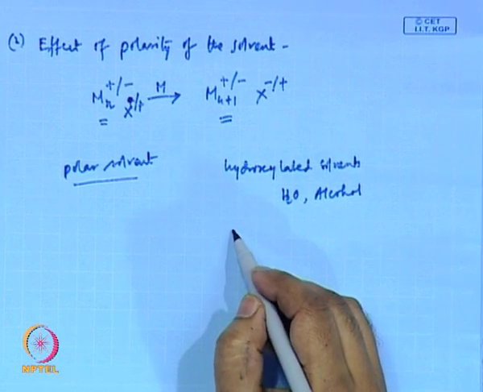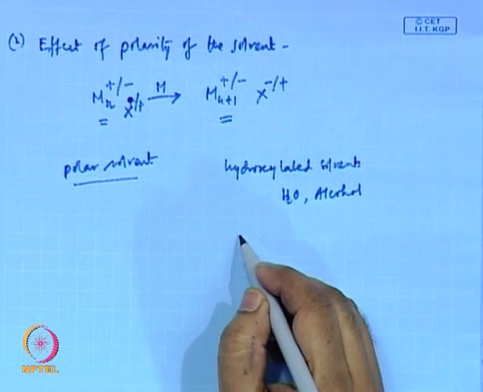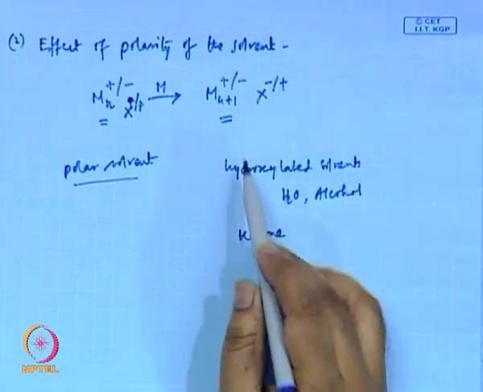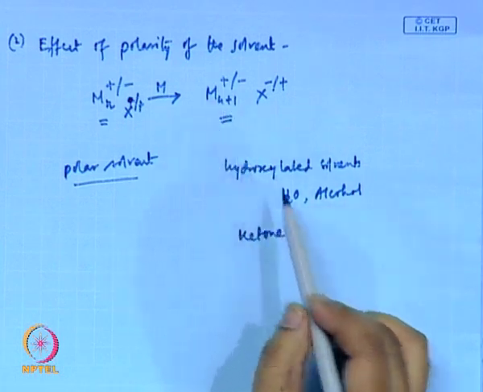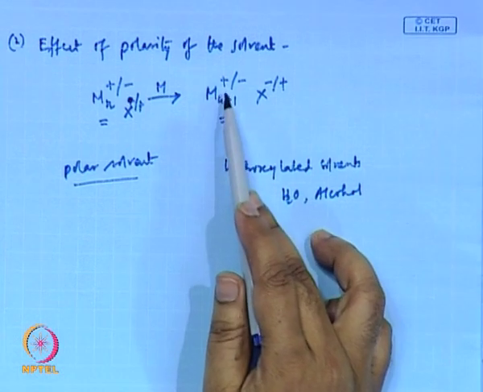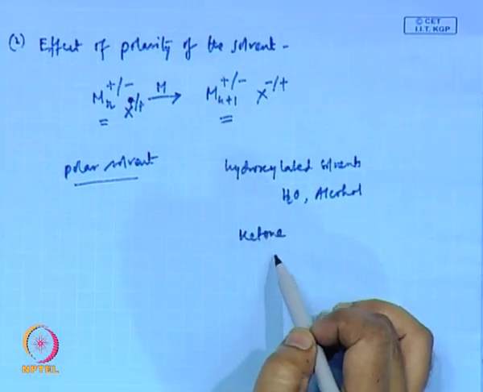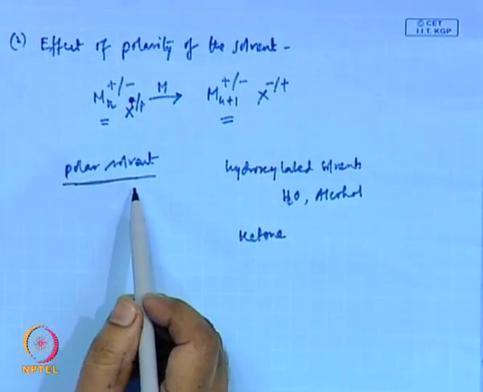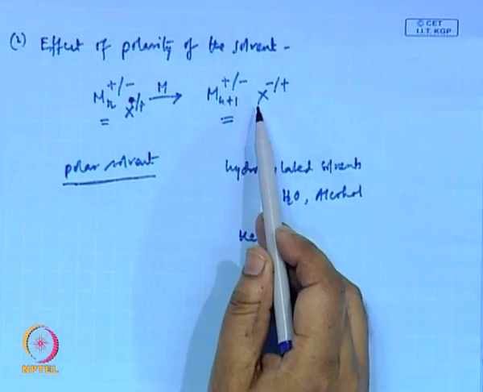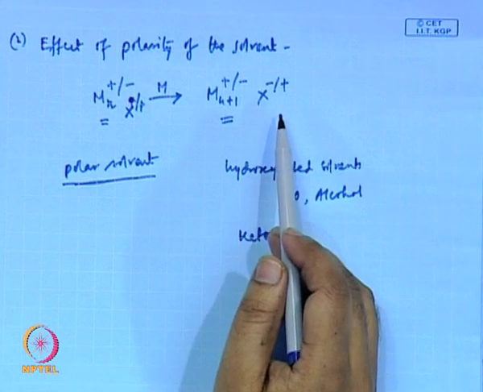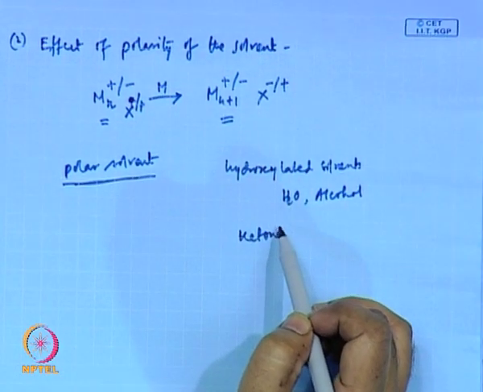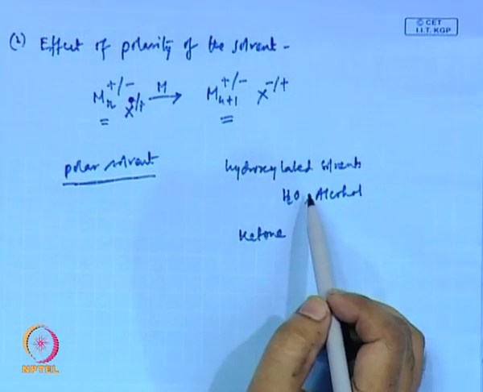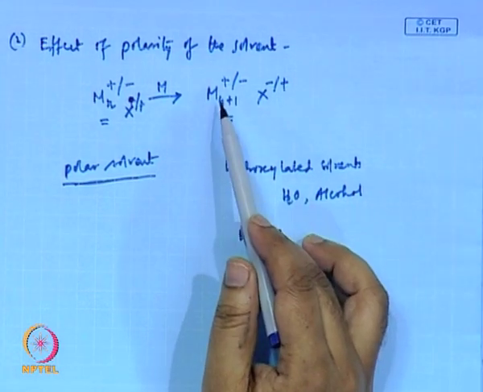If you use other polar solvents like ketones, these form a complex with the ionic species, and once they form a complex, the reactivity of the ionic species is lost. So, you do not have effective polymerization happening. You require a polar solvent to have the charges separated and the ions as free as possible. But if you use very polar solvents like hydroxylated solvents or ketones, the reaction gets stopped by reaction of these solvent molecules with the reactive species.